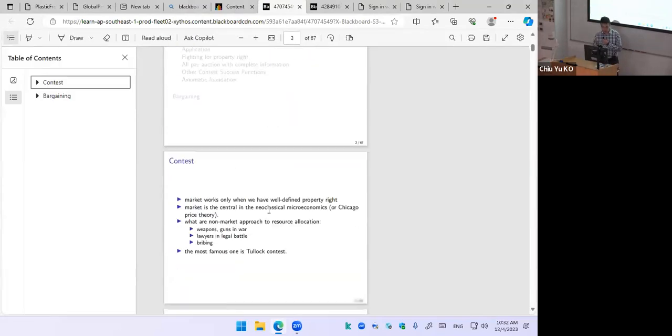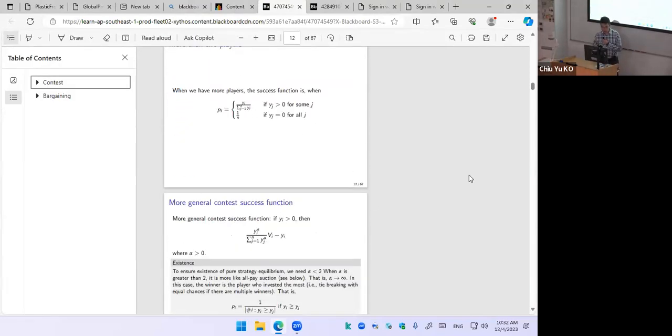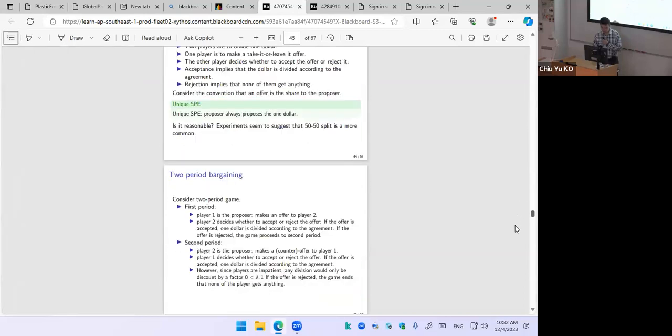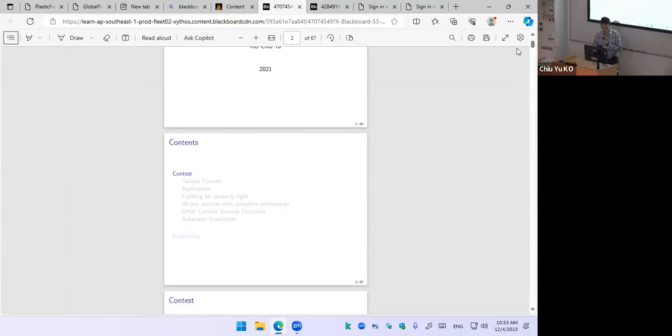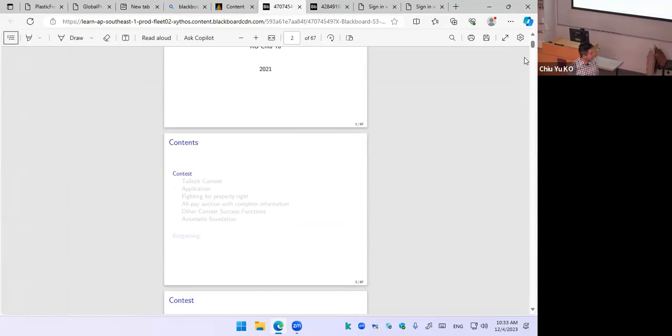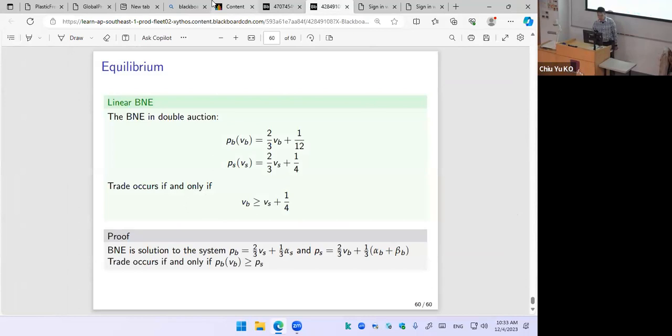Mainly talk about contest and bargaining, which I think would be useful for many business applications. So contest is more like R&D or rent seeking. I mean, it's very common. And bargaining is how two agents split a surplus. I'll talk about the Nash bargaining and the Rubinstein bargaining, which are the two main models you'll be using. But anyway, we leave that for tomorrow.